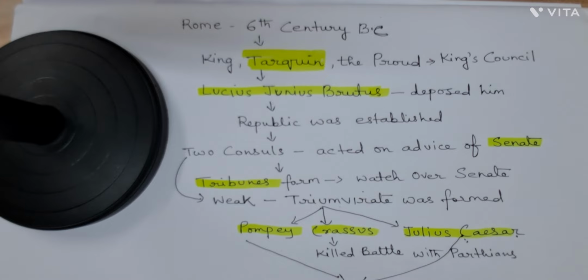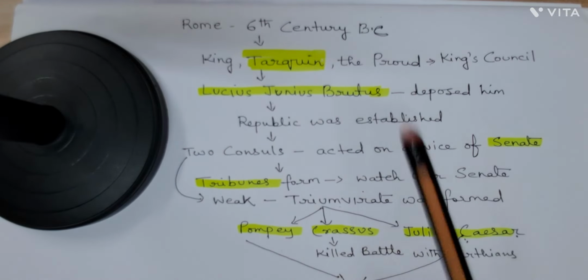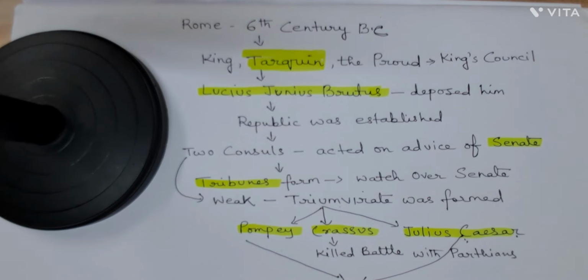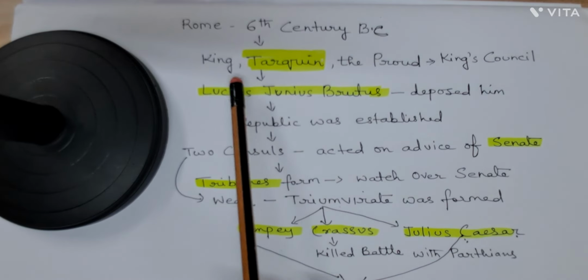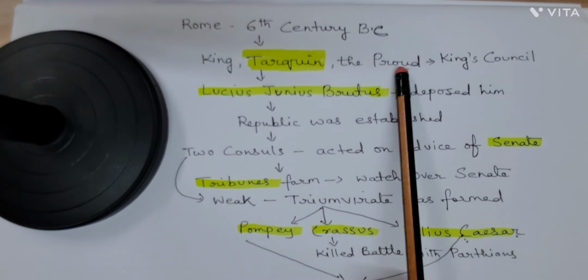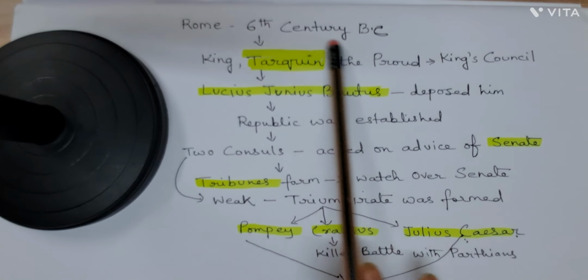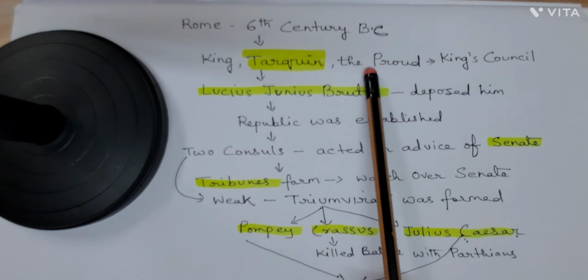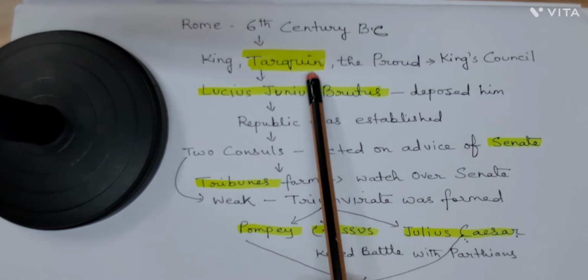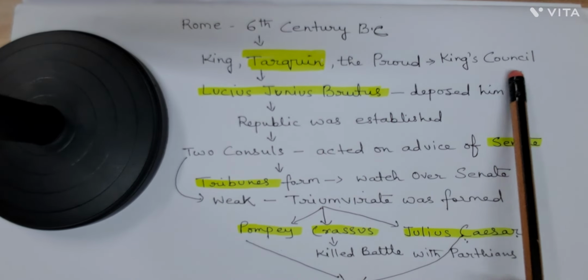So let's start. This is Rome in the 6th century. It is the period when there was a king called Tarquin the Proud, who ruled. He was a brutal, tyrant ruler, a king, and he had his own council called King's Council.